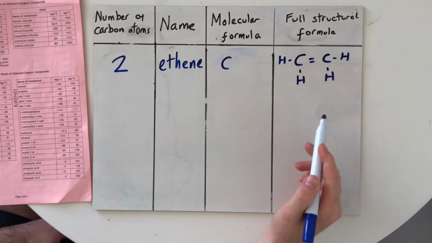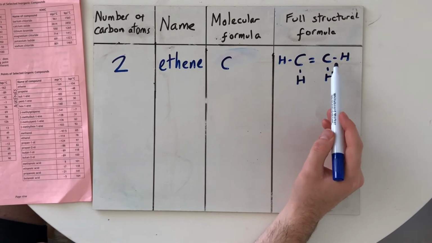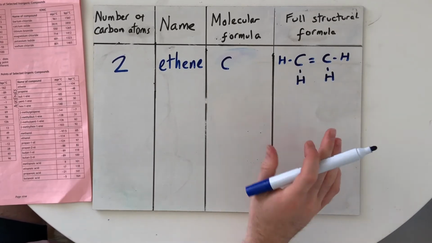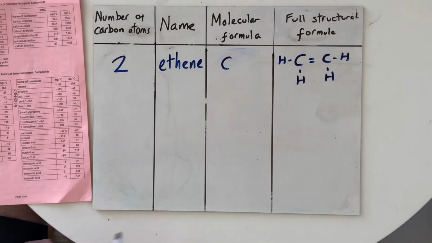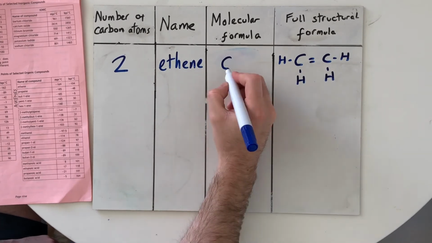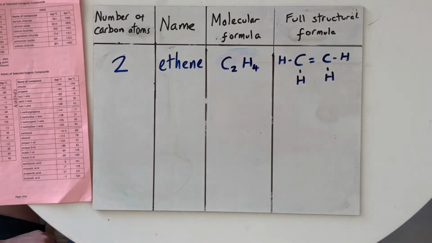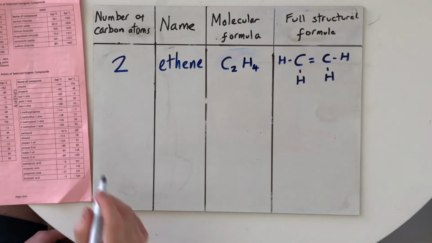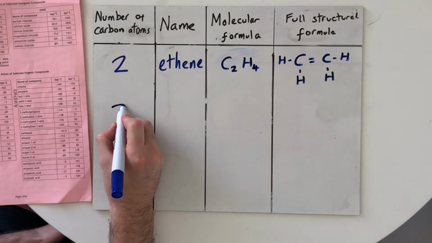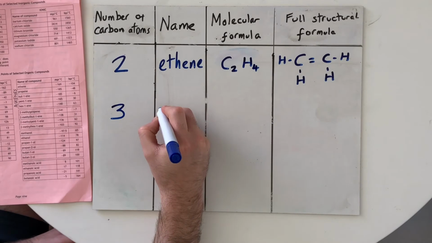You'll notice that the carbon has formed 4 bonds, the hydrogen has formed 1 bond, so this is the structural formula. Let's go back to a molecular formula. I've now got C2H4.